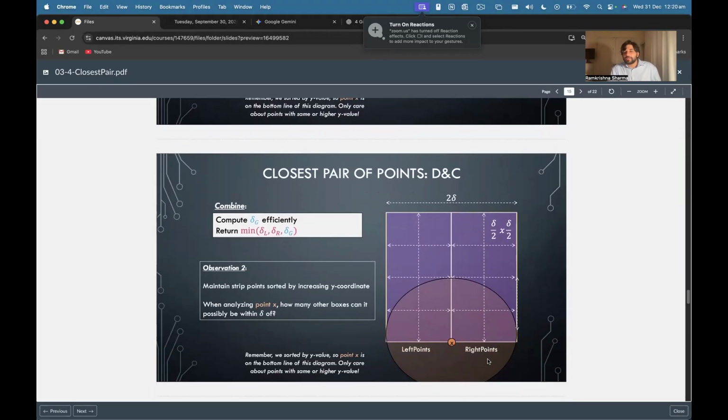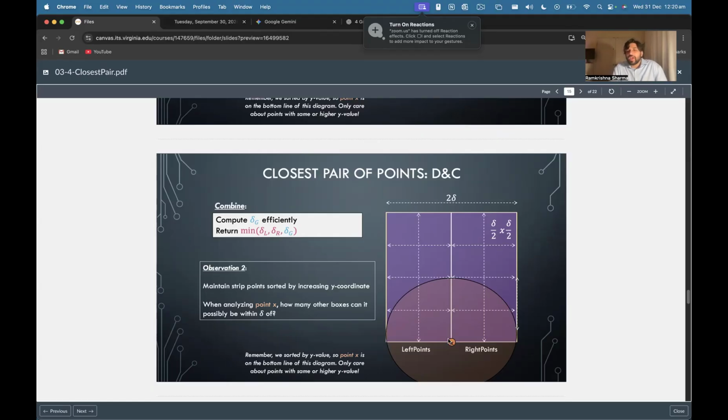Well, think about it, right? So if you drew a circle and you had a point, this is going to take a little bit more geometry. We know that this entire width here is 2 delta. So the radius is delta itself, right? If the whole thing is 2 delta, then the radius is delta, right? So we know that this is delta.